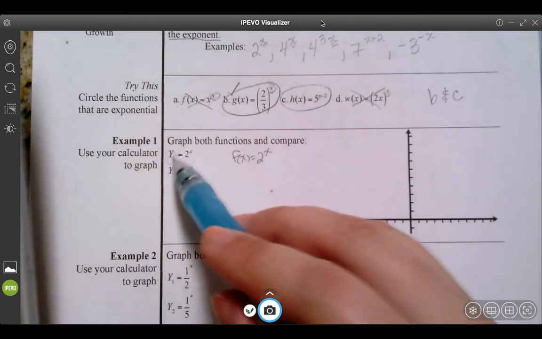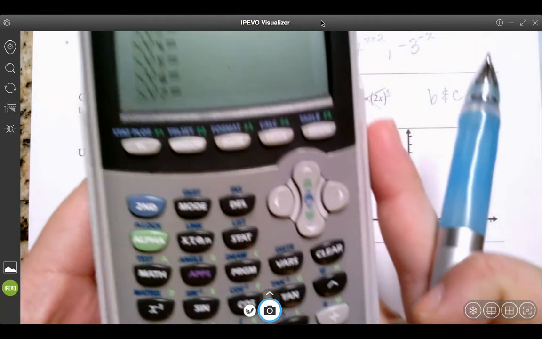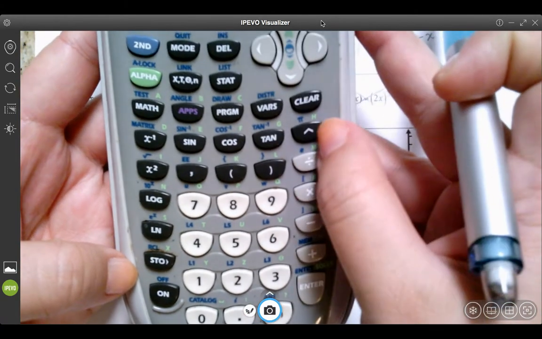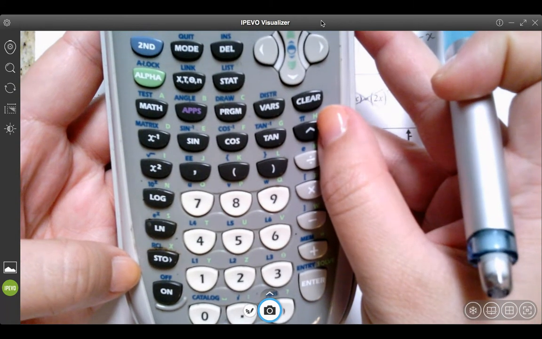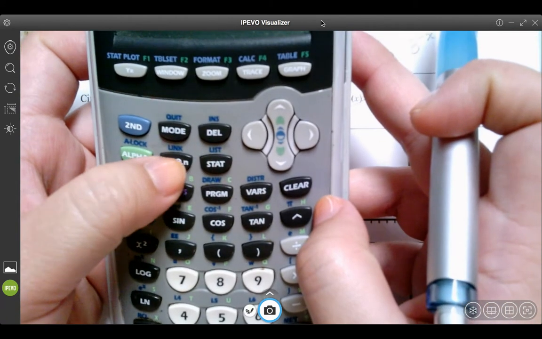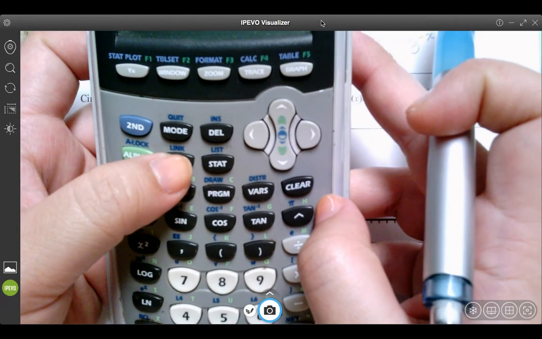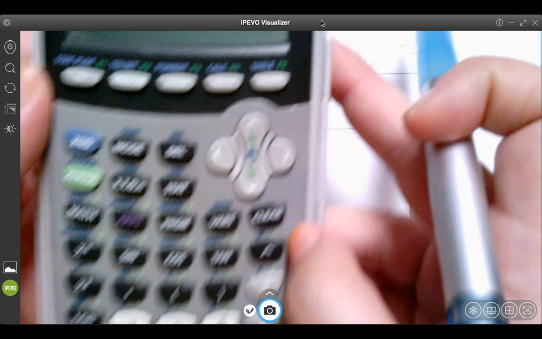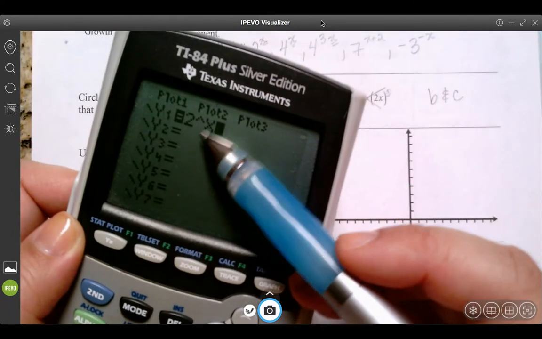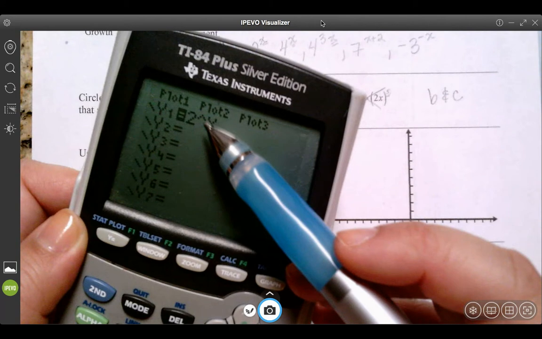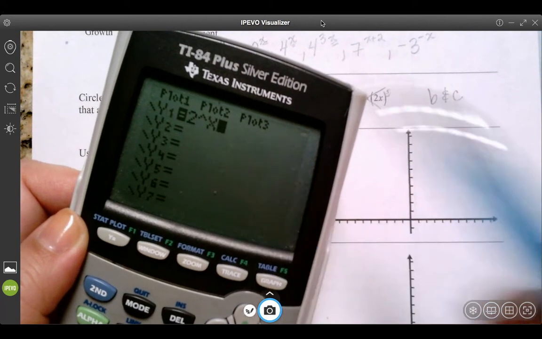Then I would set y1 in the calculator equal to base 2 raised to the power of x. The caret underneath clear means raised to the power, but we want to use x, the variable, so we use this button right up here in the top right underneath mode. Now your calculator should show you 2 raised to the x. If you have a newer calculator, it might have put that x in as an exponent.